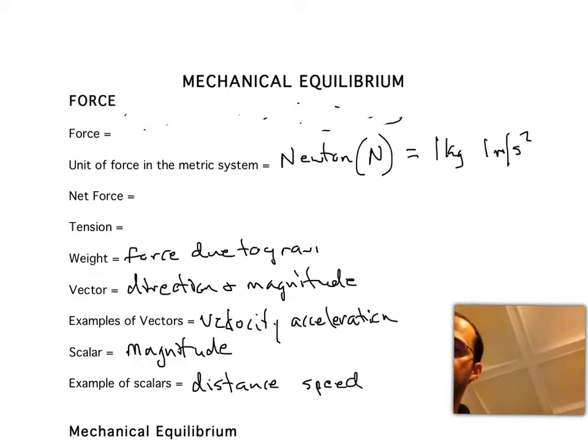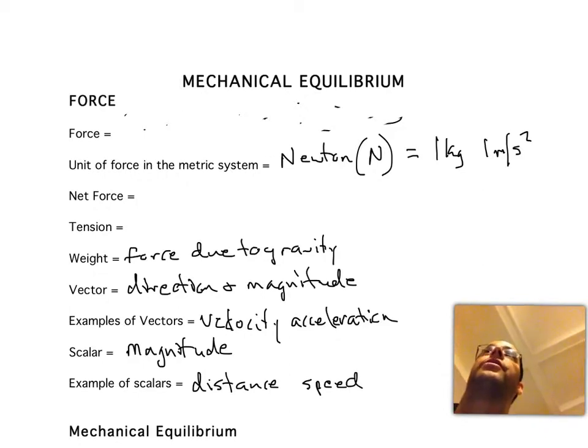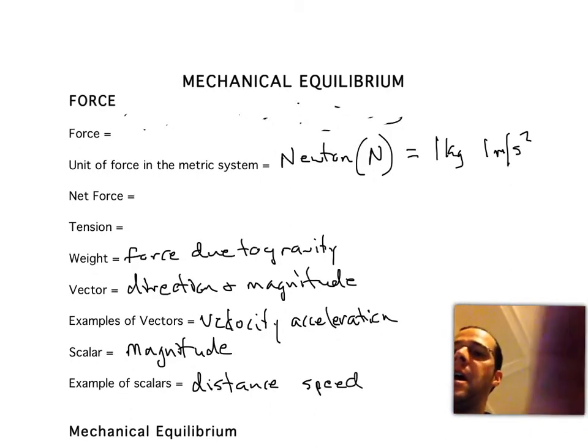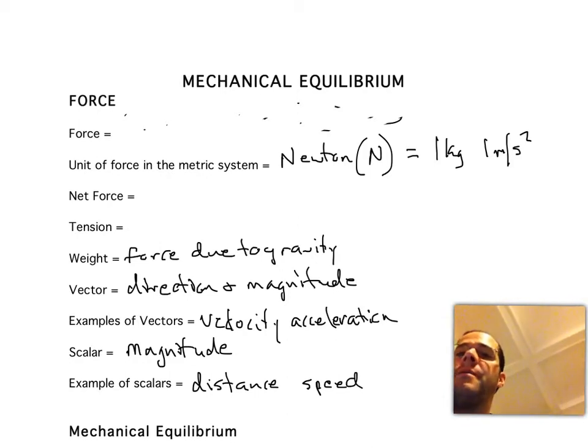So when gravity pulls down on you, it exerts a force because it's trying to put you in motion. It's trying to accelerate you down towards the surface of the earth, the core of the earth. So when you measure your weight on a scale, you're actually measuring how much force you're exerting on the scale due to gravity pulling you down. That's why we call it measuring your weight, because we're not measuring your mass, we're measuring how much force gravity is exerting on your mass trying to pull you down.